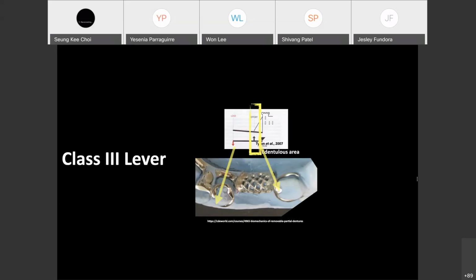If you flip the situation, and if you didn't get it the first time, hopefully you can get it this time: let's say I put sticky food on that molar. The clasp assembly on the molar starts to come down, rotating on the rest on that mesial tooth, which is that premolar.